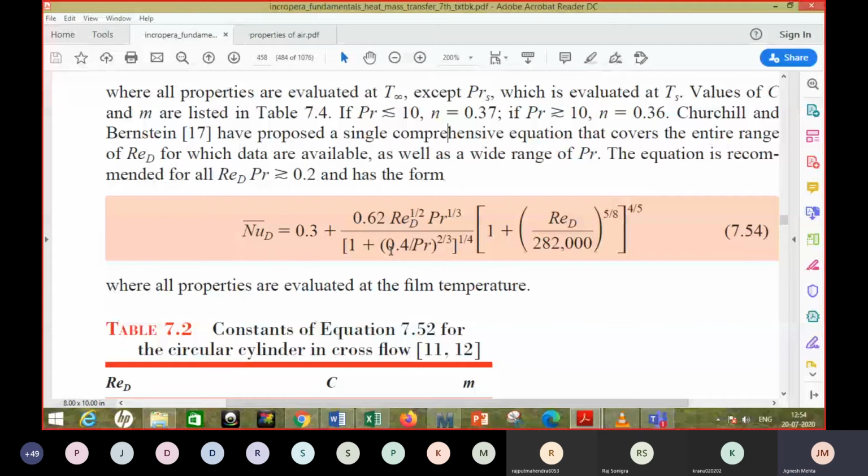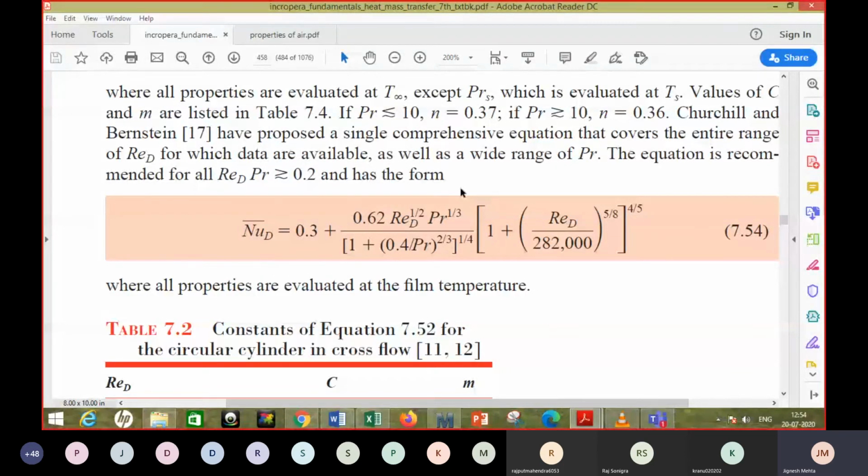It may take more time to evaluate, but in this age of computers, it's generally not much of an issue. But it's applicable over a very wide range. Only for very low value of Reynolds number it won't be applicable. Otherwise, it is applicable to a very wide range of Reynolds number and Prandtl number. The only condition is that your Reynolds number into Prandtl number should be greater than or equal to 0.2.